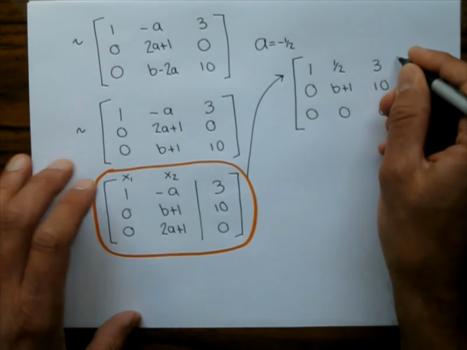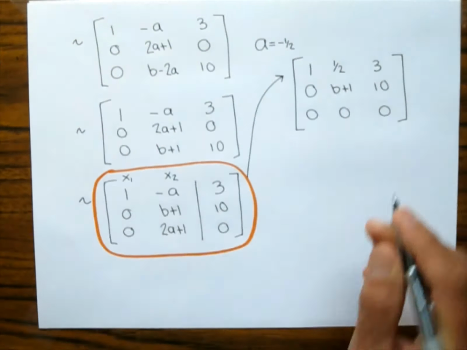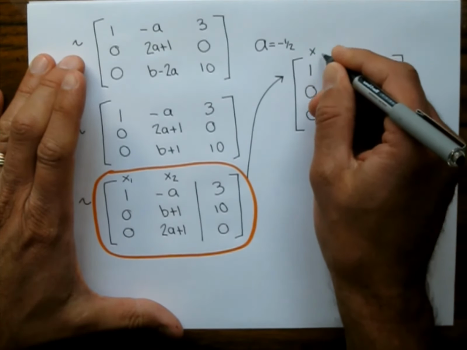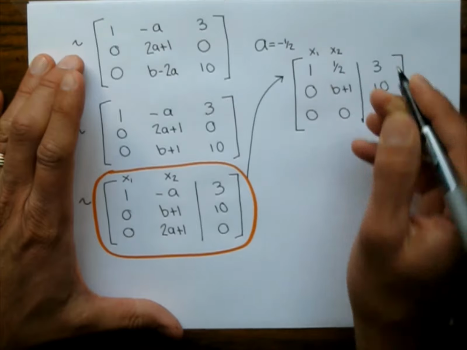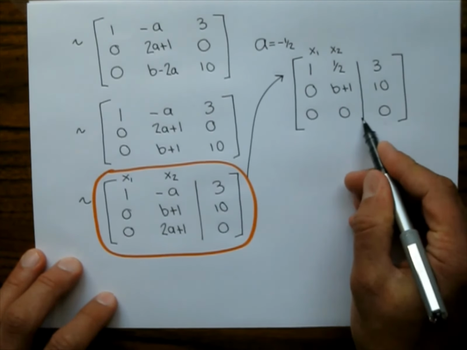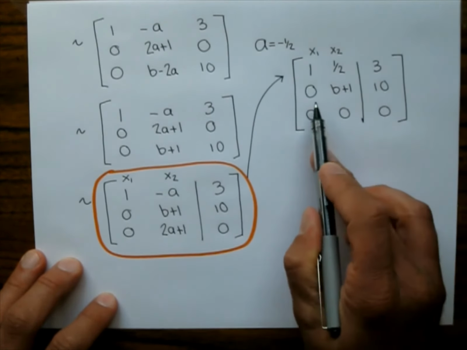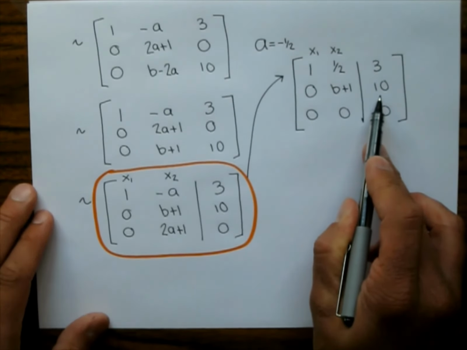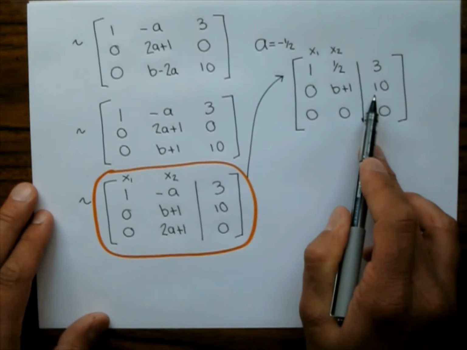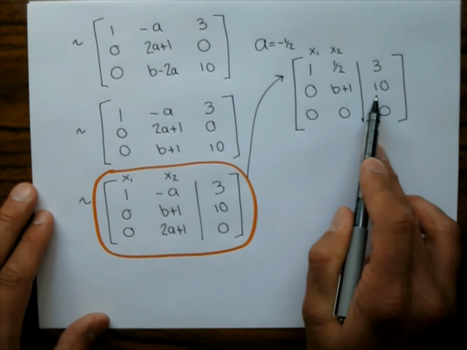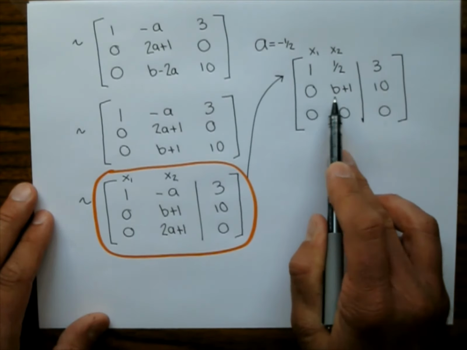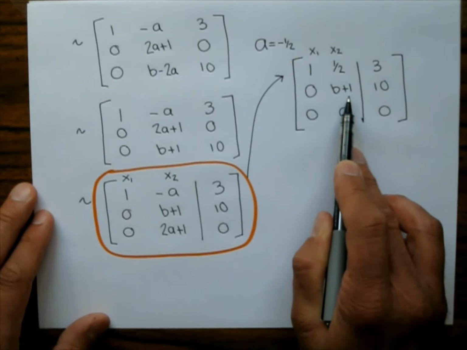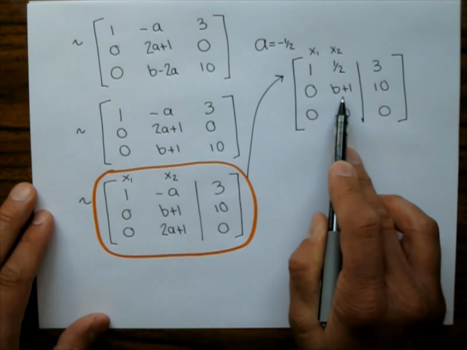There's going to be a lot of logic going on here now, so you might want to pay attention to what's happening here. Here's x1 and x2. Okay, so now I know I have a row of zeros, and I'm looking up here. So a is negative 1/2. Now, something bad can happen to row 2. It's an equation. It says 0 x1 plus this coefficient times x2 equals 10. What if this b plus 1 is a 0?